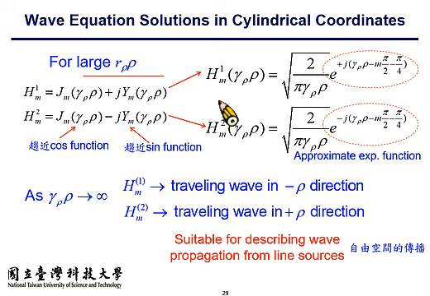So from the previous slide, combining the Bessel functions of the first kind and second kind, you have the Hankel function of the first kind looking like exponential plus j times the argument, and the Hankel function of the second kind looking like exponential minus j times the argument, with some offset in the phase. So the Hankel function of the first kind can represent a traveling wave in the minus rho direction, and the Hankel function of the second kind can represent a traveling wave in the positive rho direction when rho is a large number. So they are suitable for describing wave propagation from a line source, or scattering from a line target in free space.